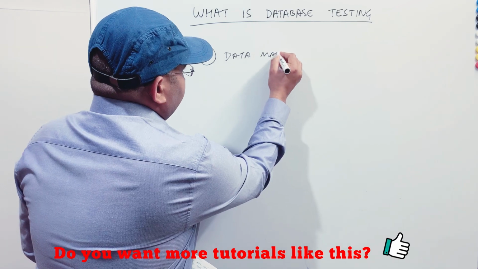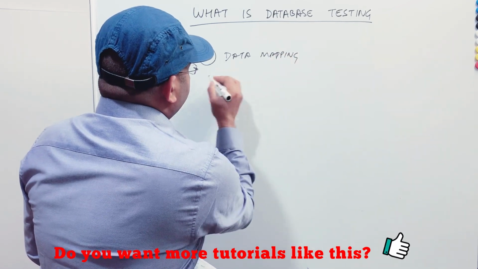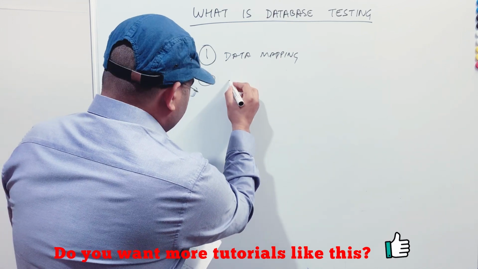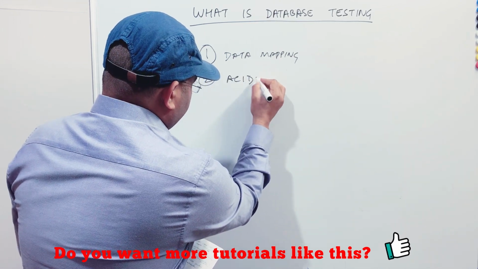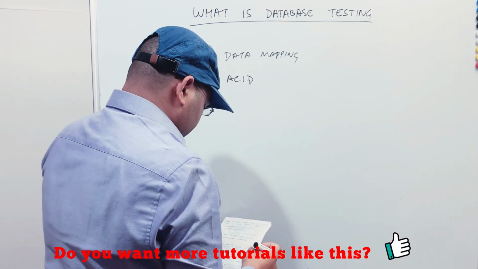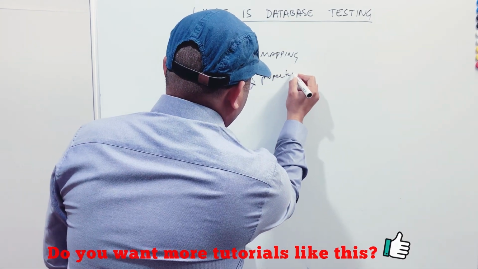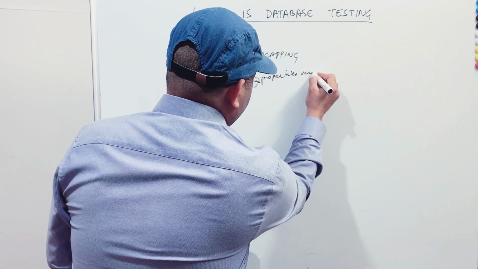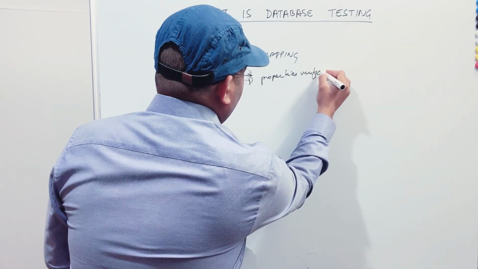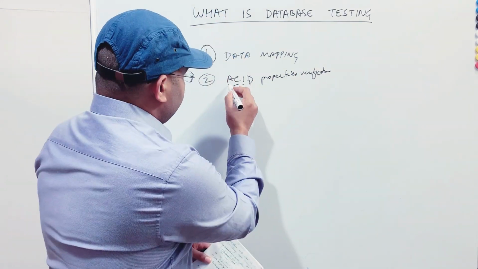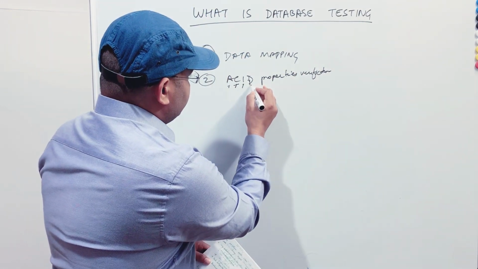The second one is ACID properties verification, and I'll cover what ACID properties are and what exactly ACID means: atomicity, consistency, isolation, and durability.